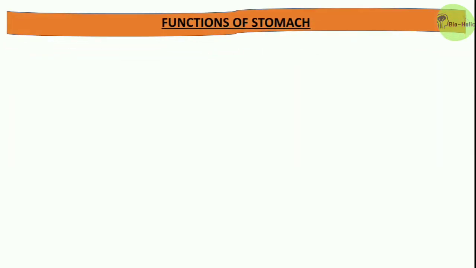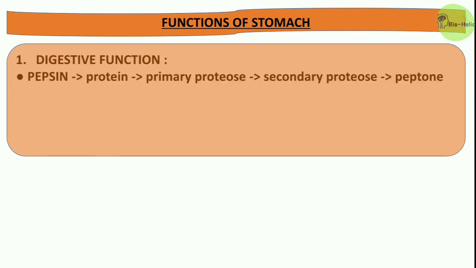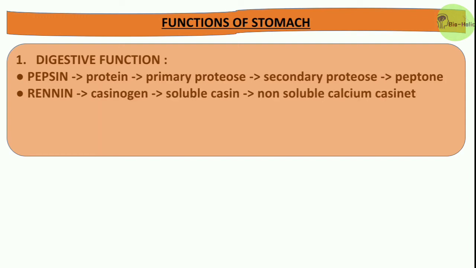Now let us talk about the functions of stomach. The digestive function. The stomach secretes pepsin, which digests protein to primary protease, then secondary protease, and lastly peptone. The renin acts on the caseinogen and forms soluble casein into the insoluble calcium caseinate.